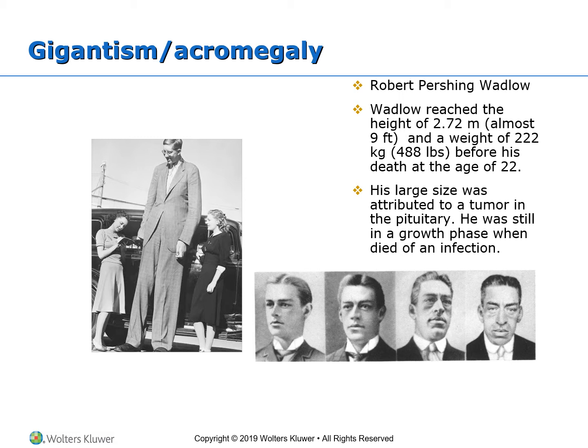And unfortunately, because of his big size, he died at the age of 22, only because his heart wasn't able to keep up with all the needs the body had. So his large size was a result of an overproduction of growth hormone during his youth age, during his puberty.